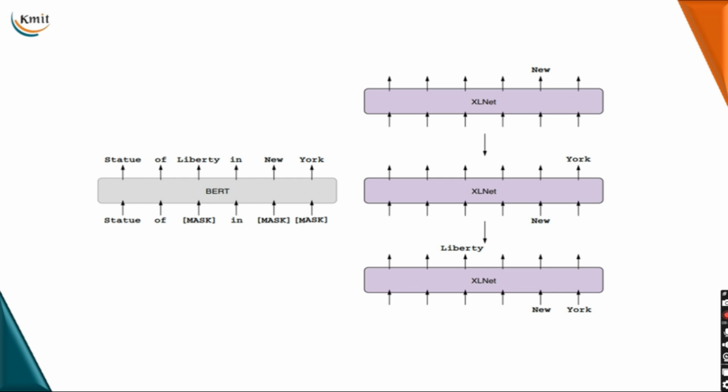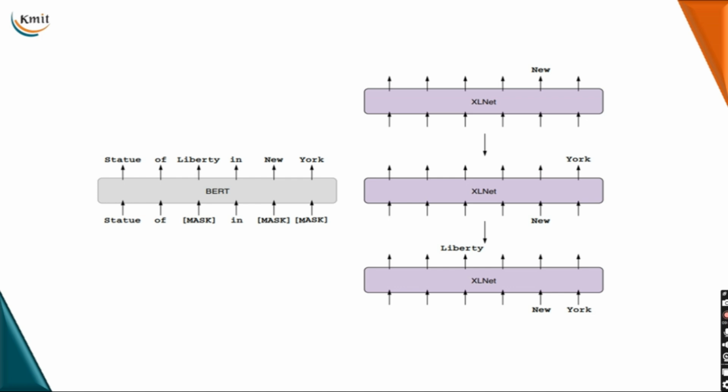Now look at this particular example. I'm taking a sentence, Statue of, with masking in dash and dash. The answer here is the Statue of Liberty in New York. In the BERT model the answer is given at one time, whereas in XLNet we pass it through different layers, and each layer gives output for one masking, and at the end we get the masking for the other parameters.